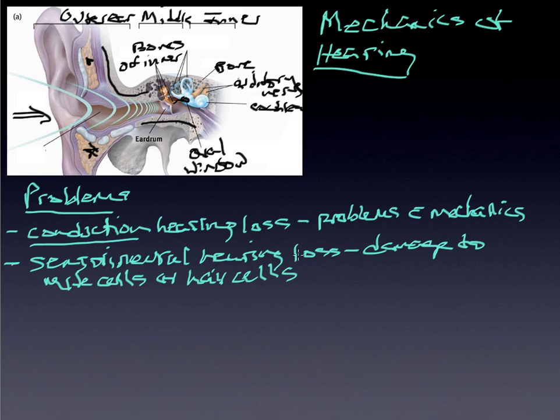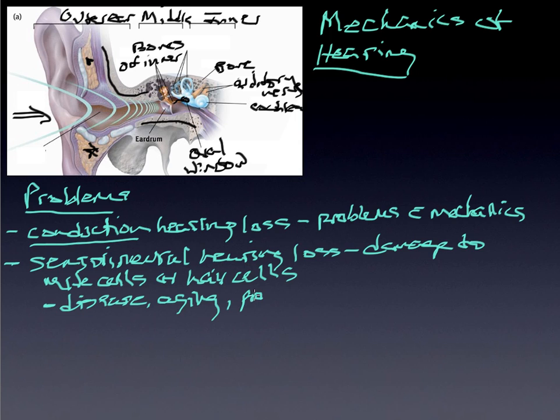And sensory neural hearing loss oftentimes is caused by disease. It can be caused from biological changes related to aging. It can be prolonged exposure to a lot of sound.